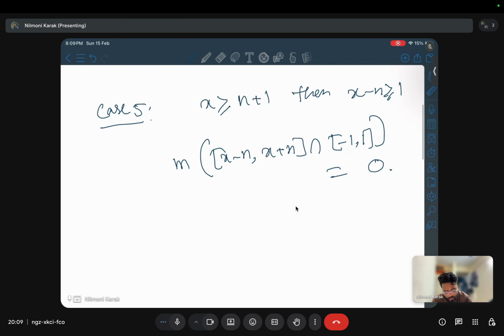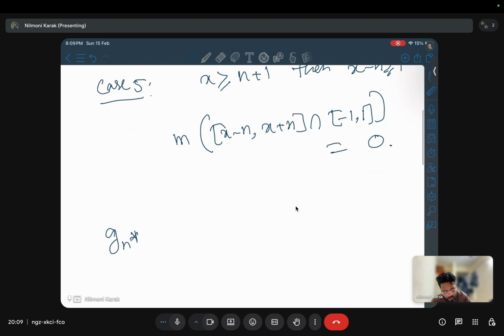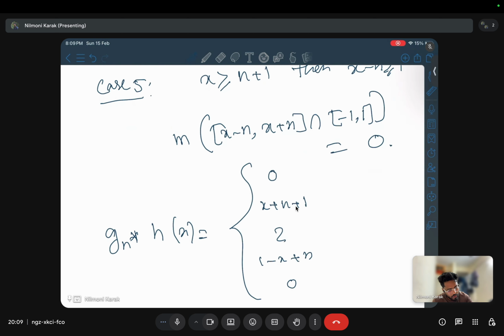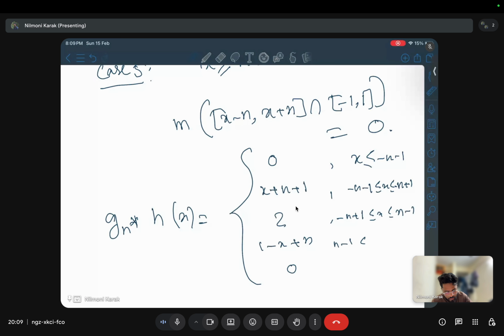Okay, so finally what we get: gn star h of x equals 0 for x less equals to minus n minus 1, x plus n plus 1 for minus n minus 1 to minus n plus 1, 1 for minus n plus 1 less equals to x less equals to n minus 1, minus x plus n plus 1 for n minus 1 to n plus 1, and 0 for x greater equals to n plus 1.